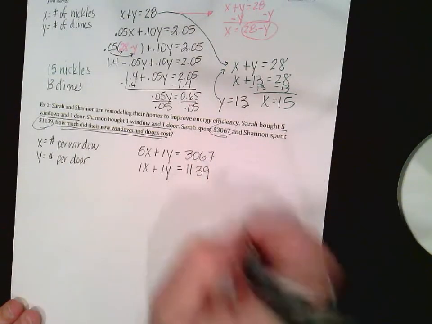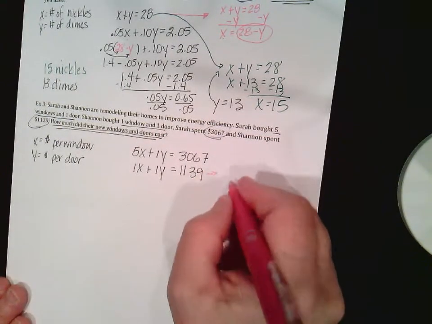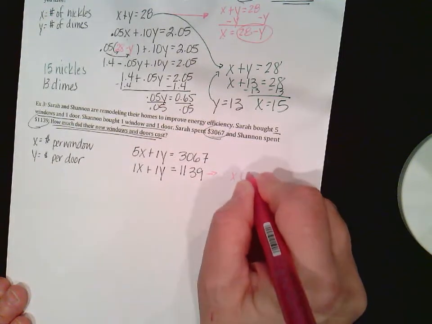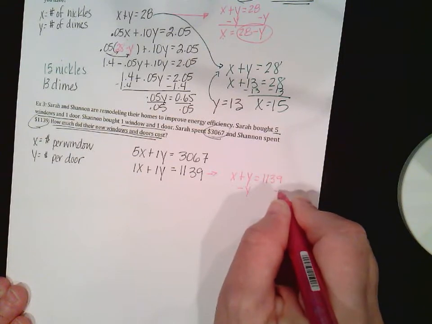Okay, well, Shannon's is going to be the easiest to get by itself. So X plus Y equals 1139. I'm going to subtract Y from both sides.